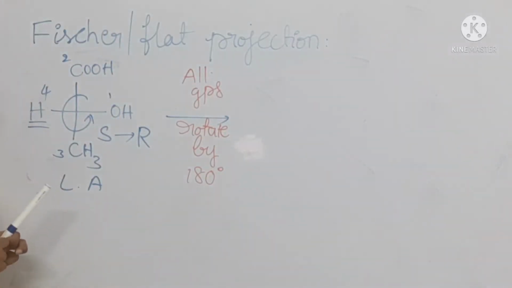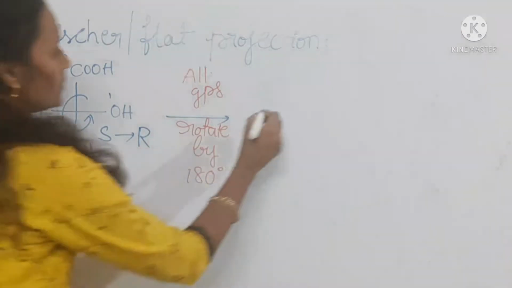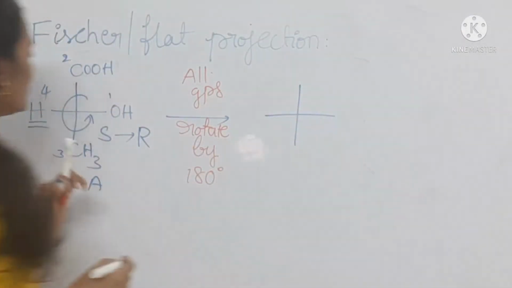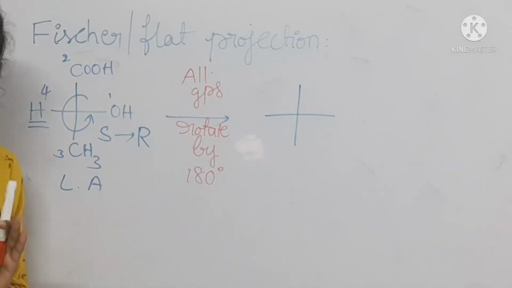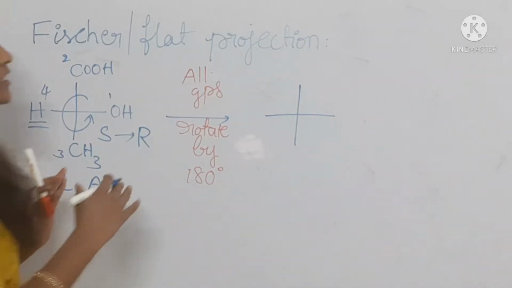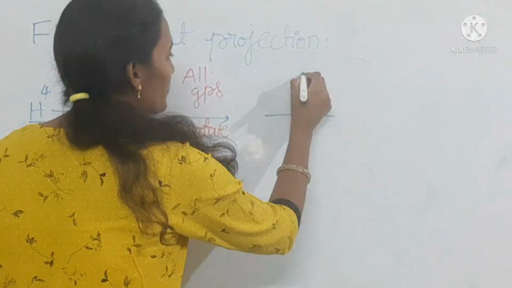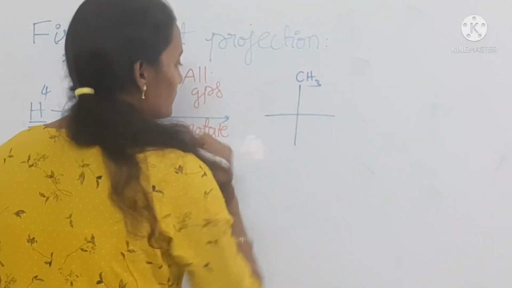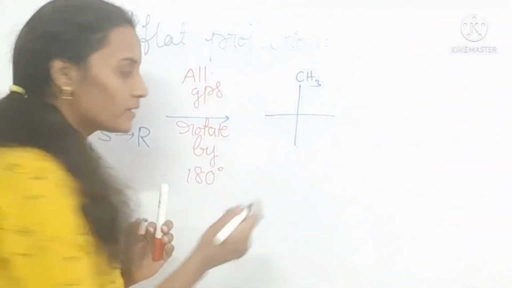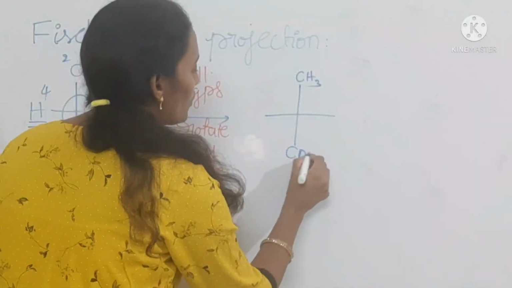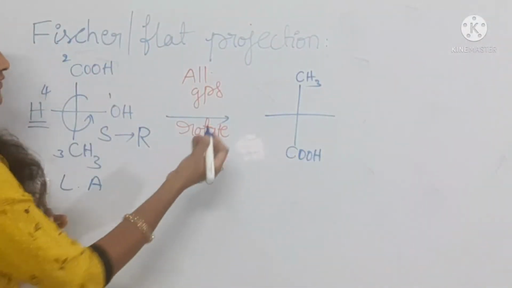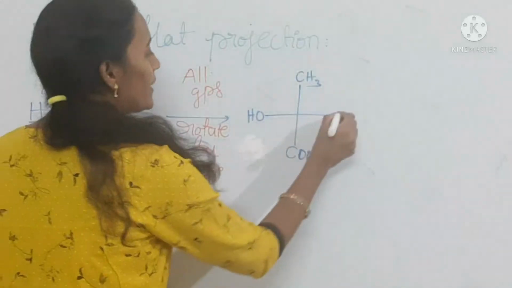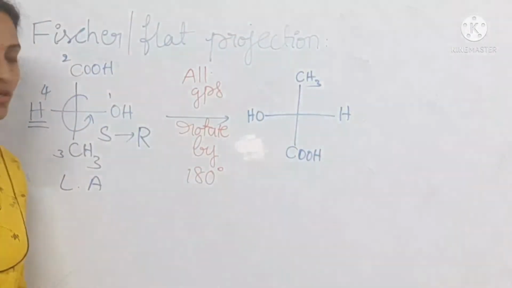Then what will happen? Once observe, the groups present on the vertical line will exchange their positions. That means top becomes down, down becomes top, COOH, and left becomes right, right becomes left on the horizontal line.